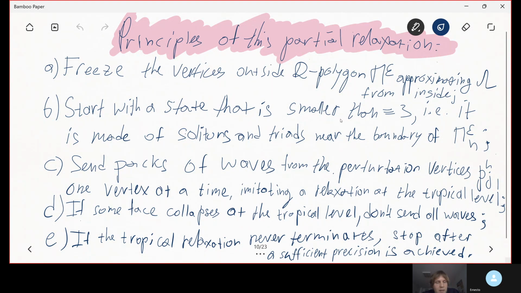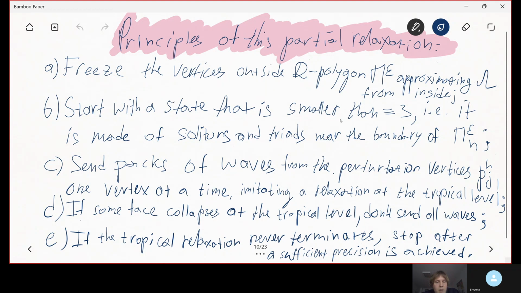And in this process of sending waves, we are careful not to do too much wave sending, so that at the tropical level, our faces don't collapse. I recall that if they don't collapse, we stay within this domain of at most nodal curves.